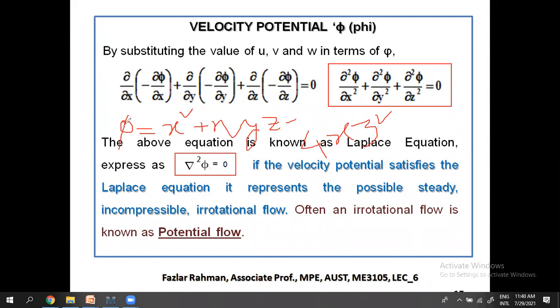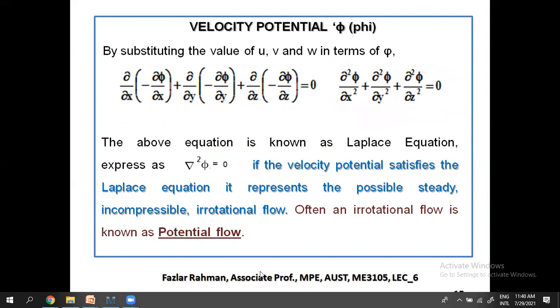For this phi, at first find del phi by del x. You differentiate one more time, then you get del square phi by del x square. Similarly, you find del square phi by del y square. Then you put it over here. If it satisfies this equation, that means the flow is irrotational and also the flow is incompressible.